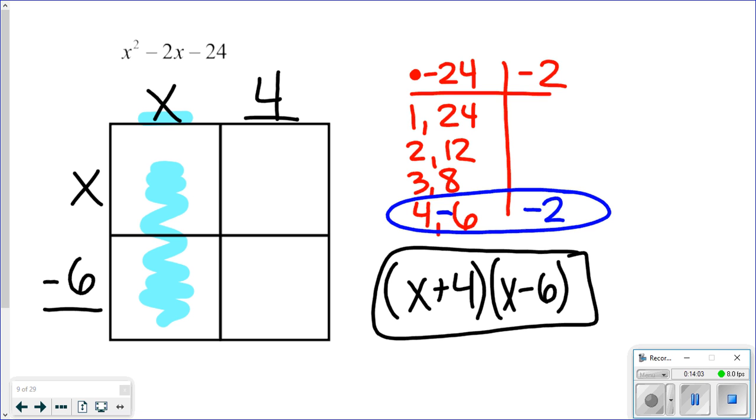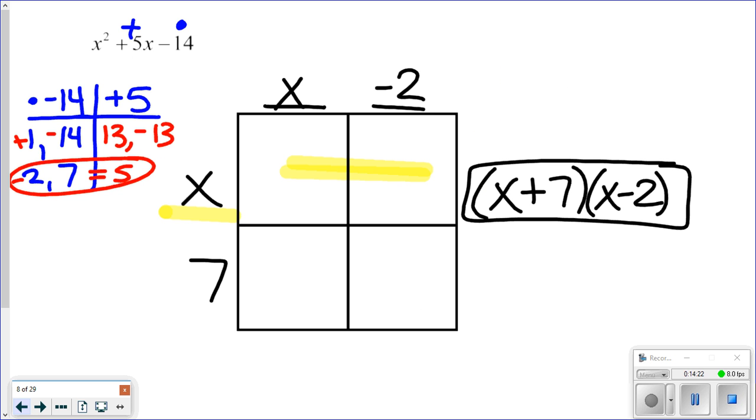Now, remember, we don't have to use the box method. It's almost like it's more work, actually, because my two answers that I circled here were 4 and -6, and my answers were x plus 4 and x minus 6. Same thing here. Our two answers that we circled were -2 and 7, and my answers were x minus 2 and x plus 7.